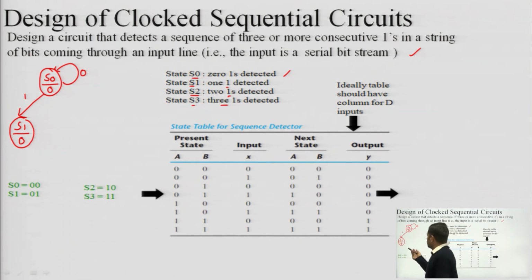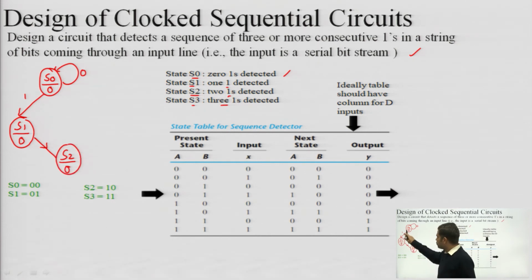Okay. So now if first one is detected, and there is one more high value, then I will enter S2, but output will still be 0. But in case after this one there is again a 0, then we have to restart from the beginning.